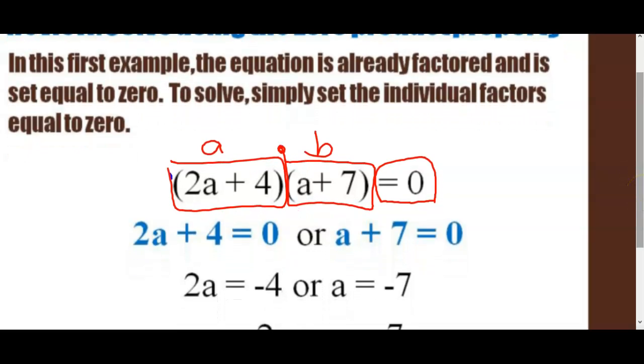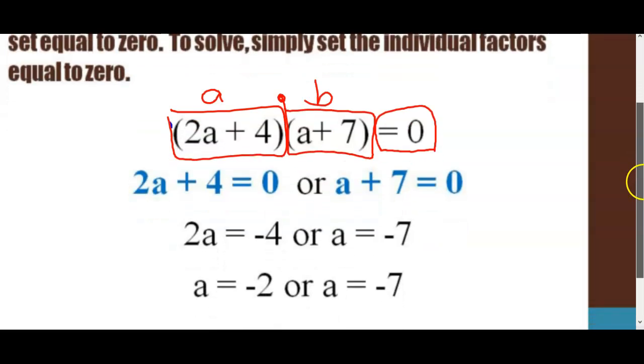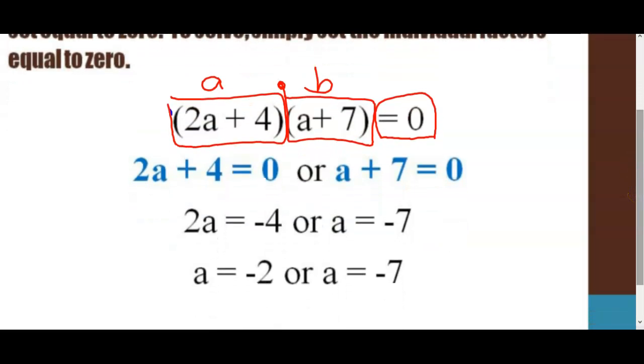So we're going to go back to lesson 3 from chapter 1, which is solving equations, and solve for a. So 2a equals -4 or a equals -7. Divide both sides by 2, and we get a is equal to -2 or a is equal to -7, sorry.